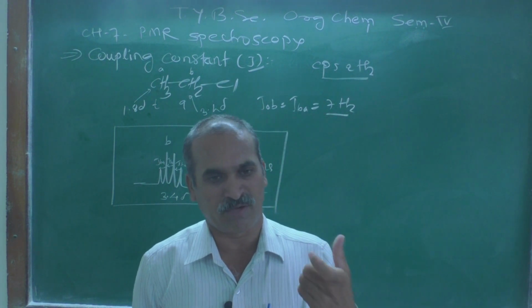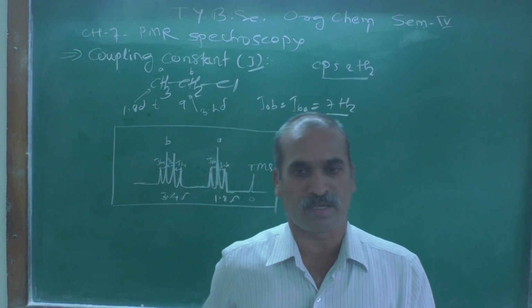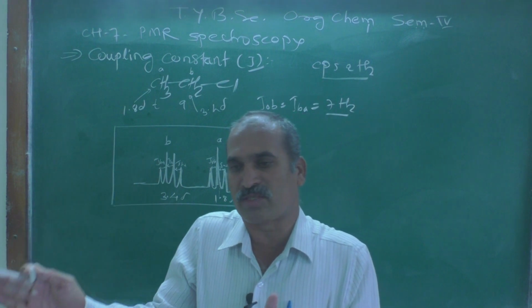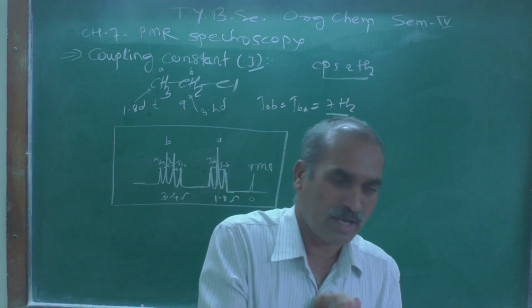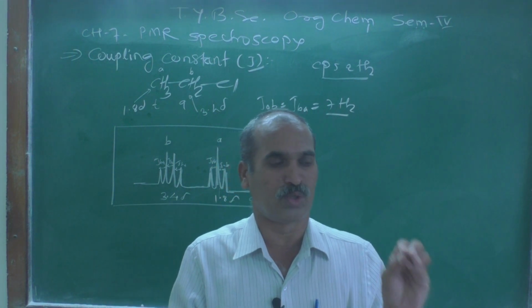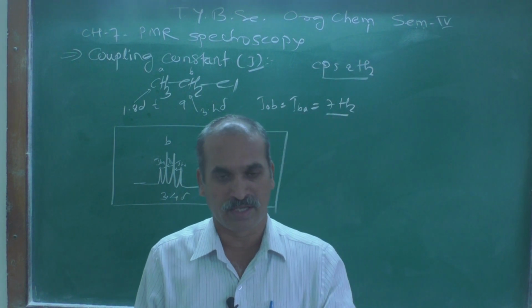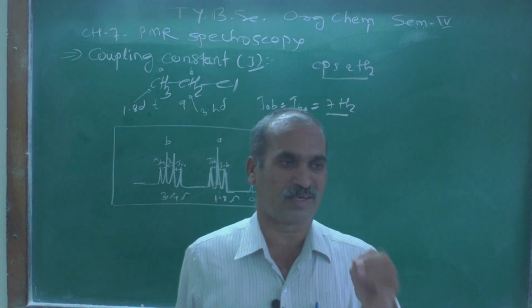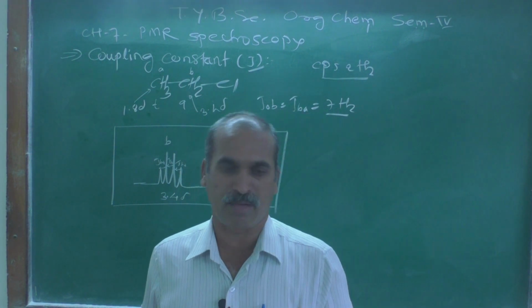What do you mean by vicinal coupling, or by geminal coupling? Vicinal coupling means the protons are attached to adjacent carbon atoms, or they can occupy 1-4 positions. That type of coupling is known as 1-4 coupling or vicinal coupling. Geminal coupling means both hydrogen atoms are attached to the same carbon atom.